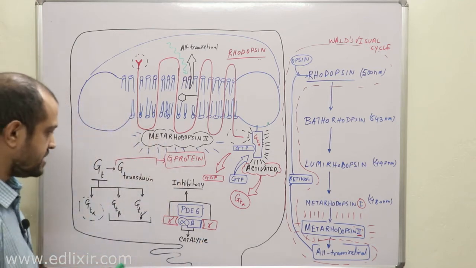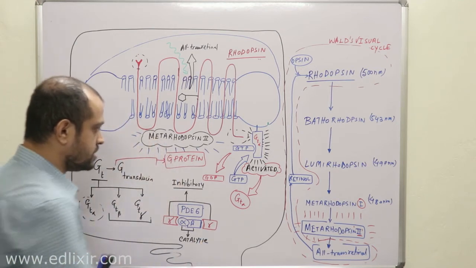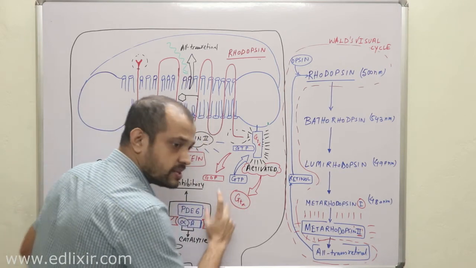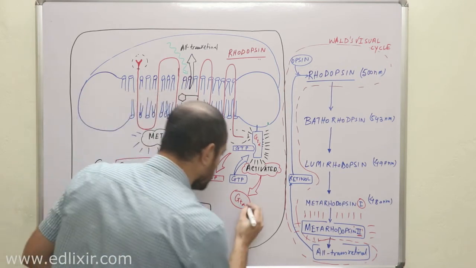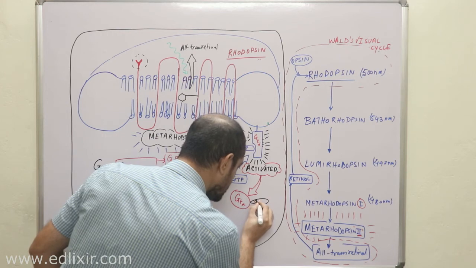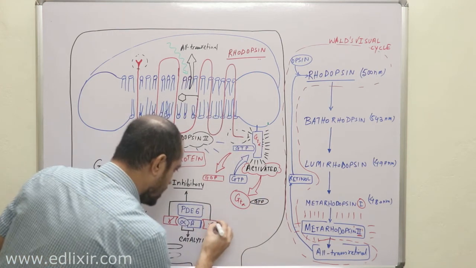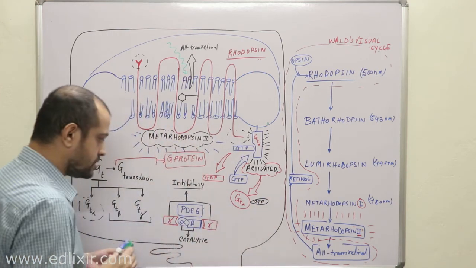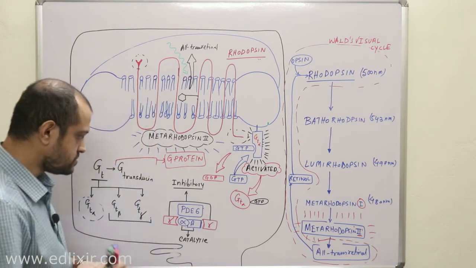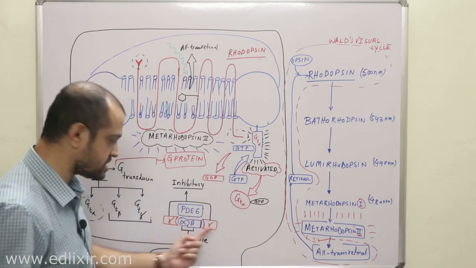Now a very interesting part you have to understand is this: activated G transducin alpha with a GTP molecule now tries to activate these gamma subunits.